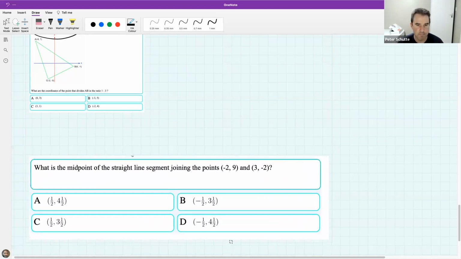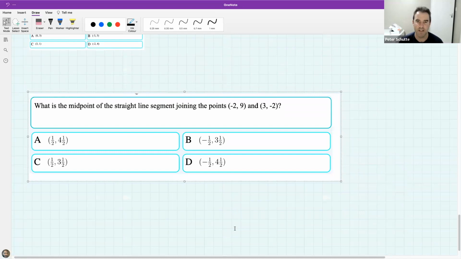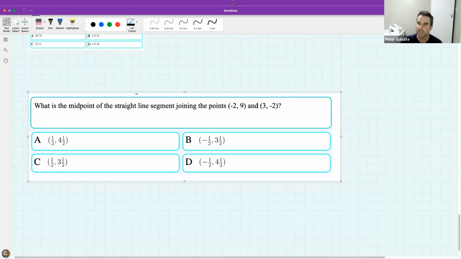Find me the midpoint between those two line segments. What do you think the answer is going to be for that?